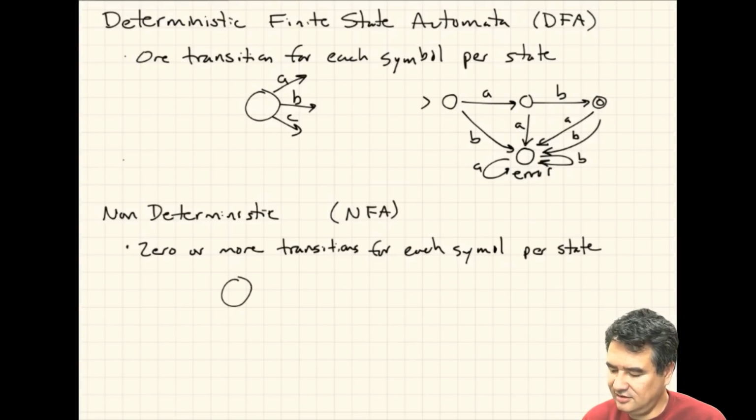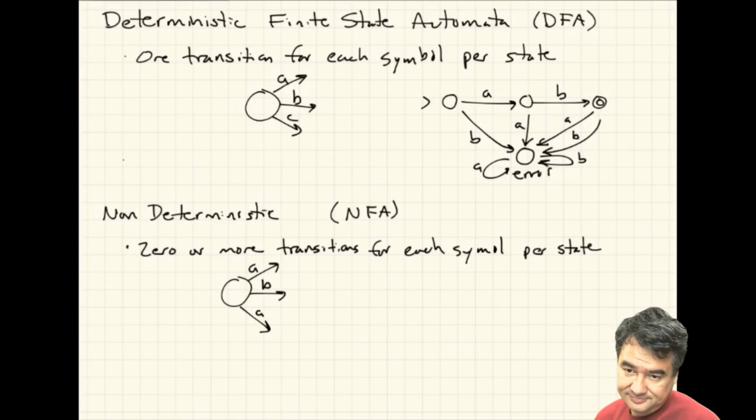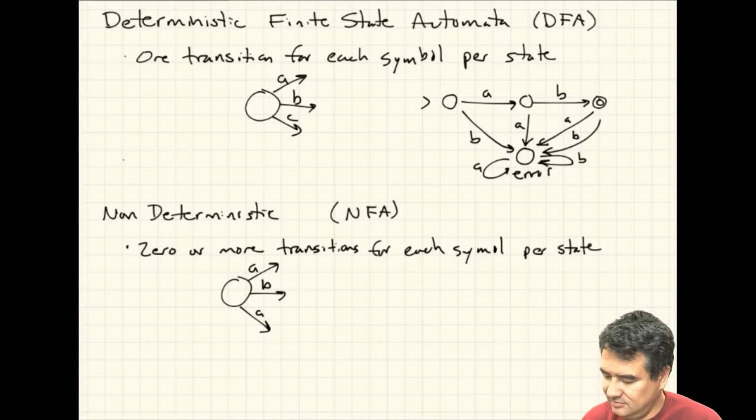Okay, so you have a state like this, and then you could have, let's say, an A here, a B here, and another A. And maybe even another B. You could have even 3 A's. Yeah, you've got more than one.